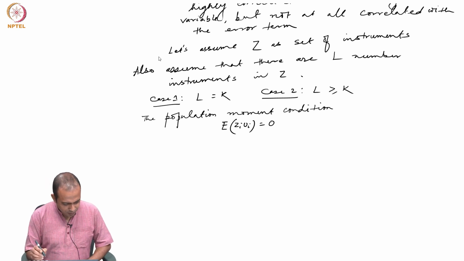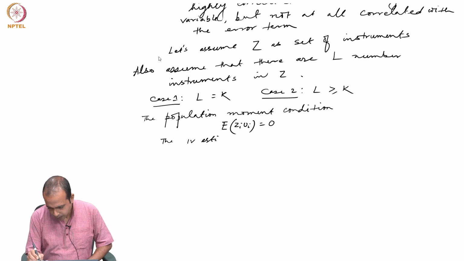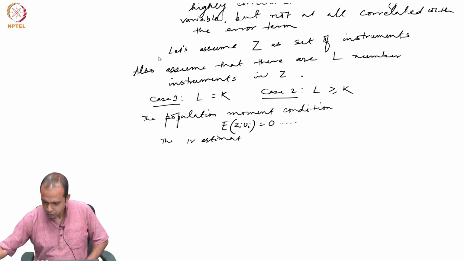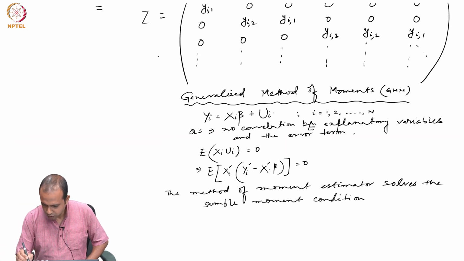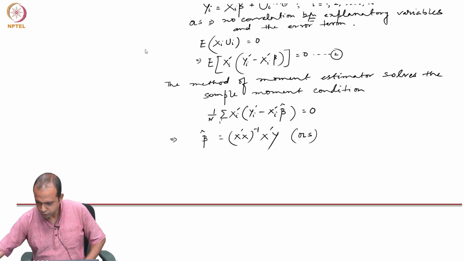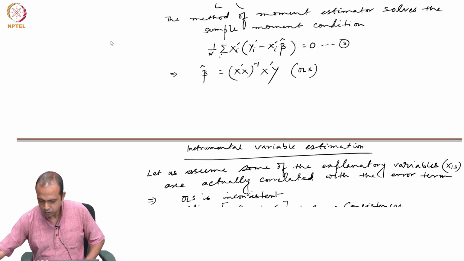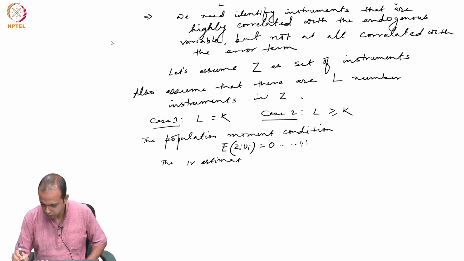And then the IV estimation, let's say this is equation 1, then this is equation 2, subsequently this is equation 3, and then let's say this is equation 4.